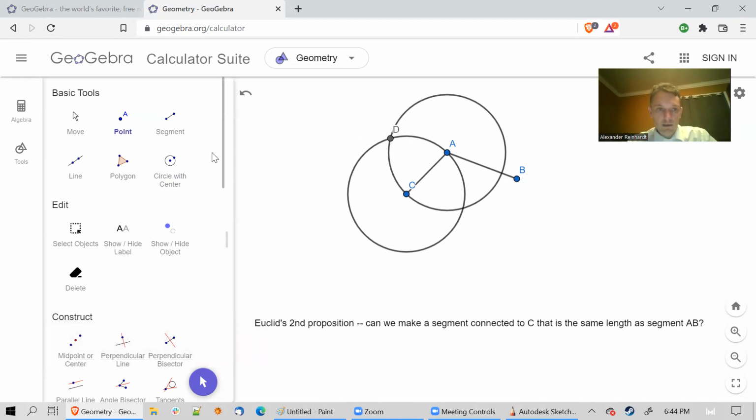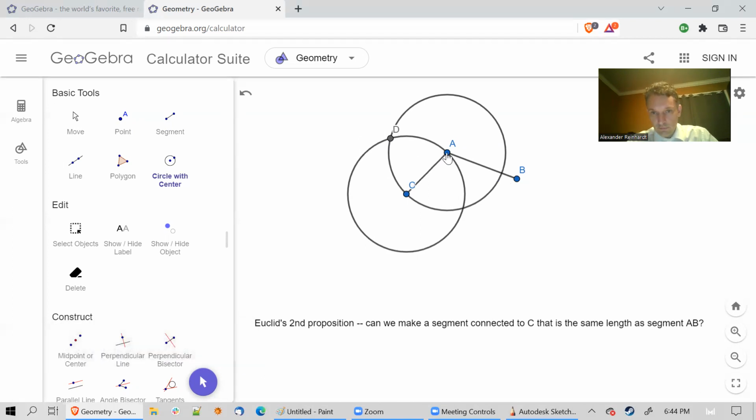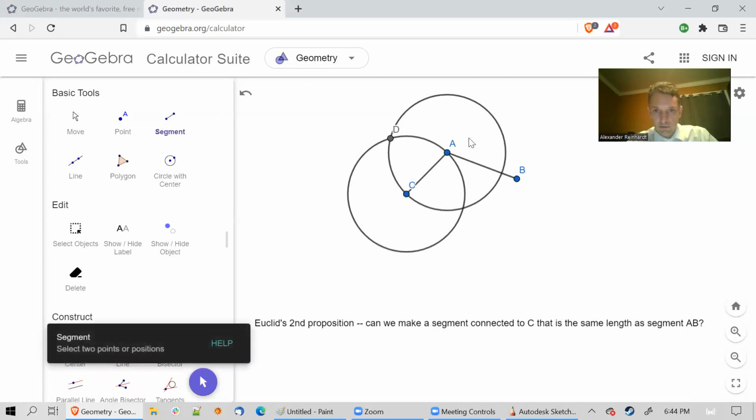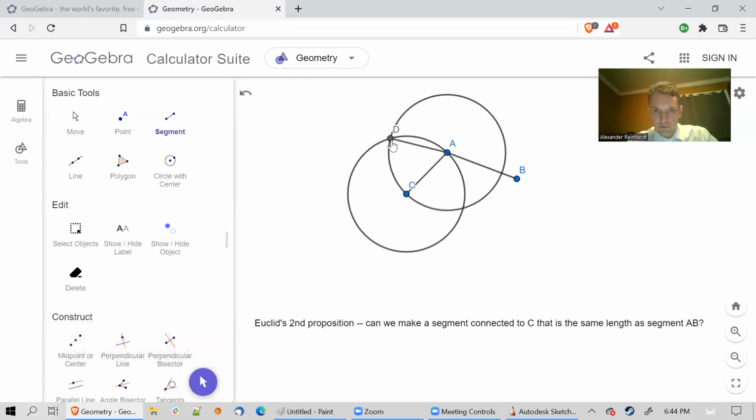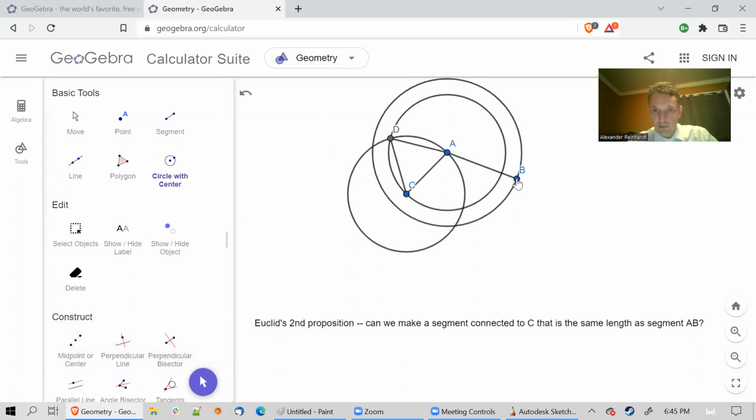All right. And then I'm going to add a few more circles. Oh, sorry, I'm going to add in these segments for the triangle. Then I'm going to add a circle centered at A with radius AB.